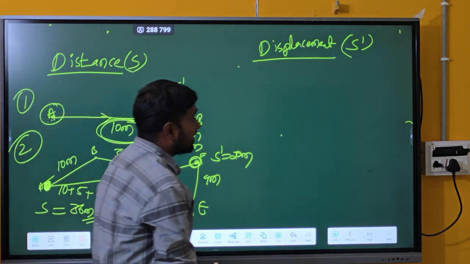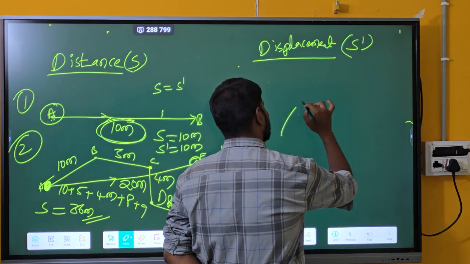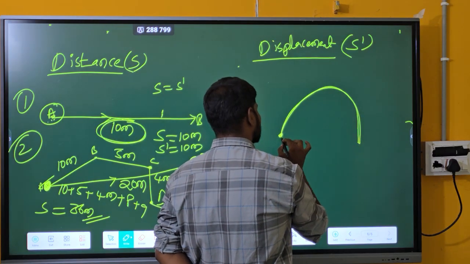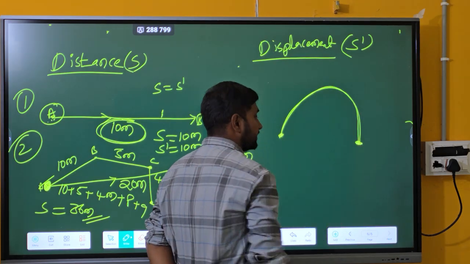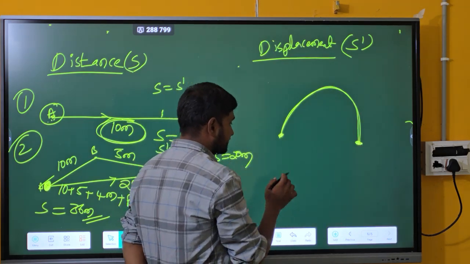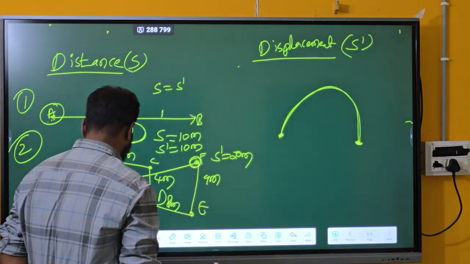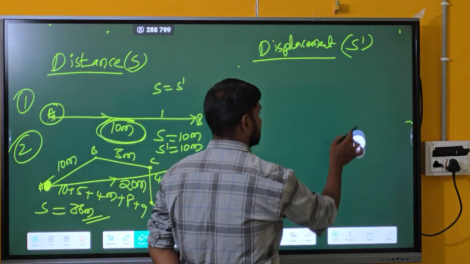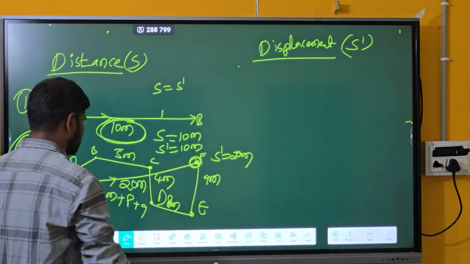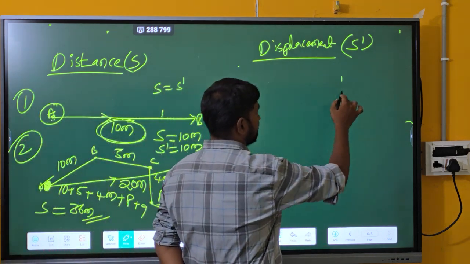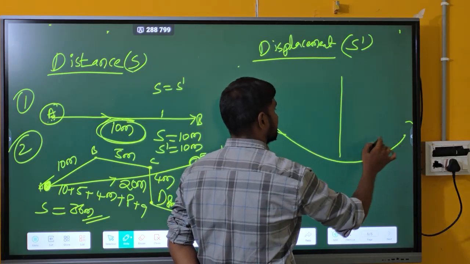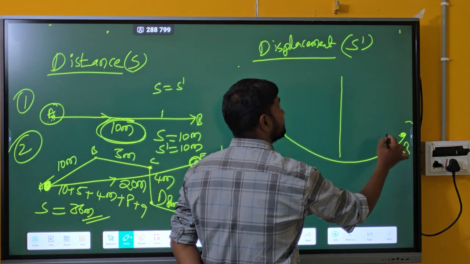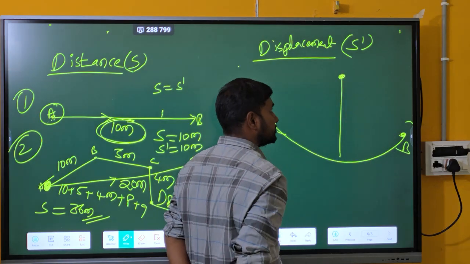If a body travels like a pendulum, for example, the starting position of the body is A, and the final position is the mean position.